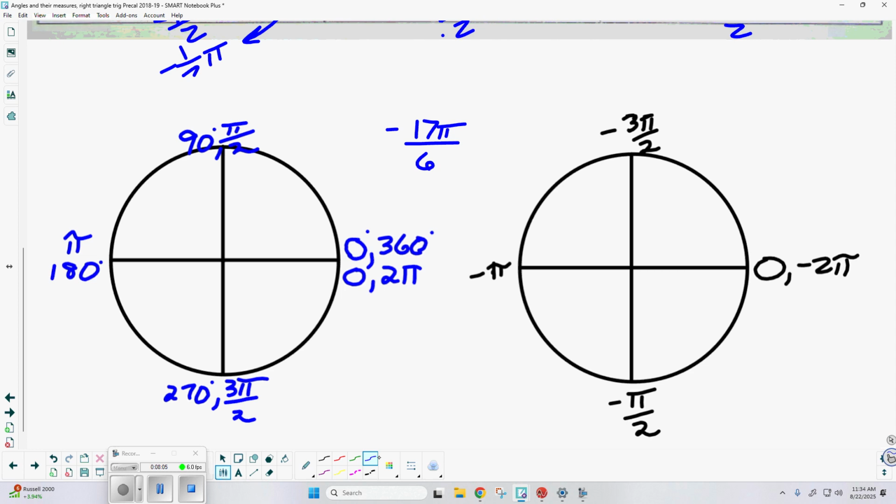And I'm going to introduce you to something we're going to be using a lot throughout the year. For students I've had before, you already know what's coming. Okay. So change that to a mixed number. Let's see what we get.